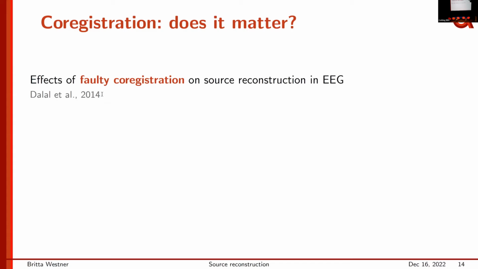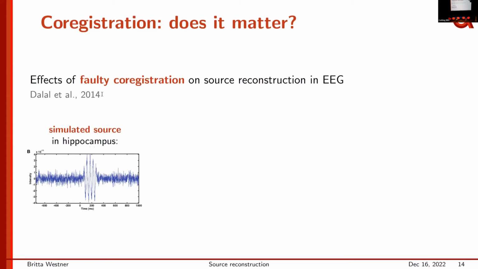And I want to illustrate that with a paper by Sarang Dalal from 2014, where he simulated a source in hippocampus, and in that simulation looked at what happens if you manipulate co-registration for seeing that source and then reconstructing it again with EEG.